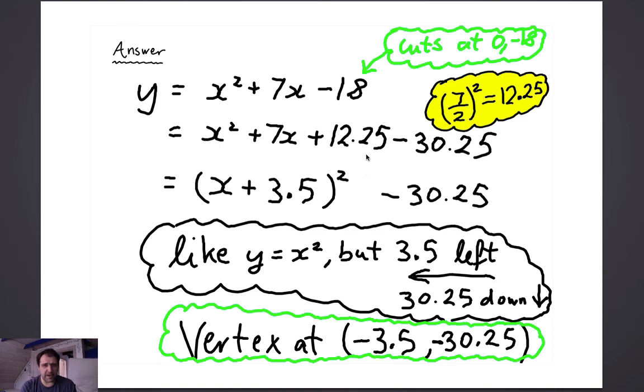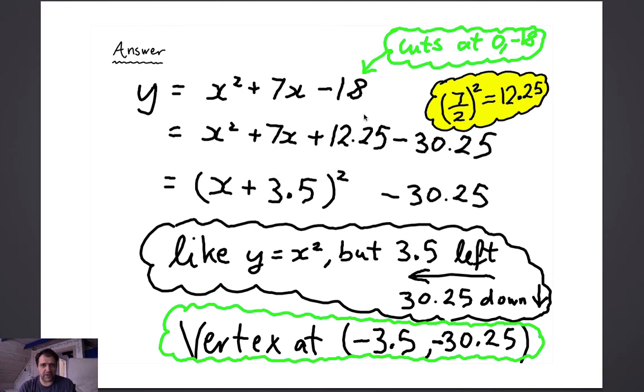So from that, I'm going to rewrite minus 18 as 12.25 minus 30.25. The advantage of that is that x squared plus 7x plus 12.25 is a perfect square. It's (x plus 3.5) all squared. You can easily get the 3.5 from half of the 7.